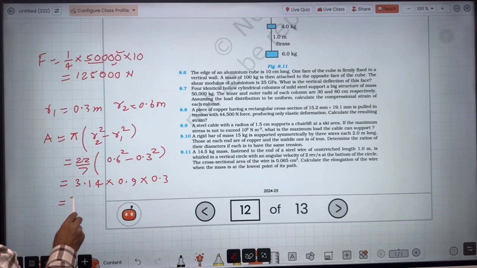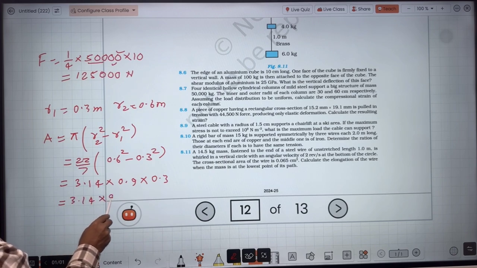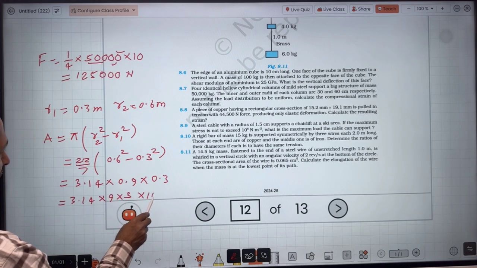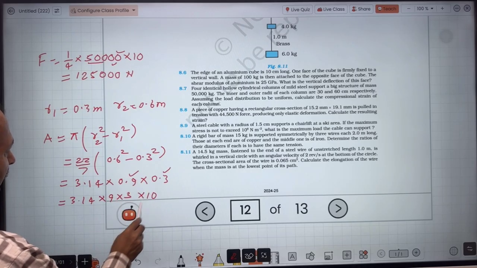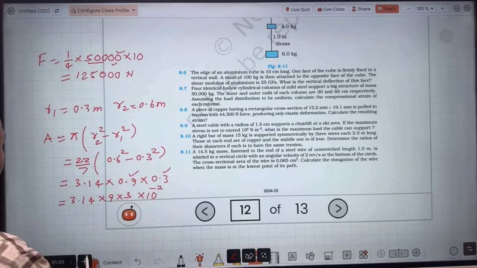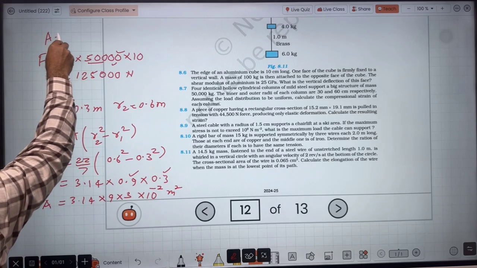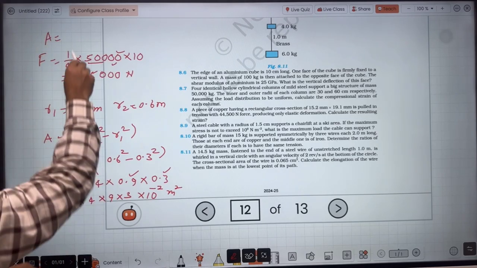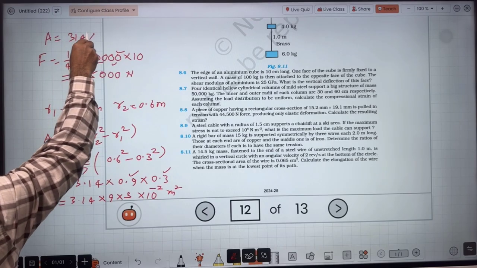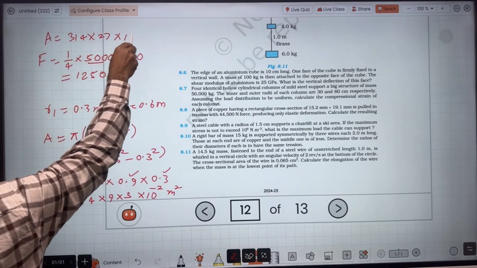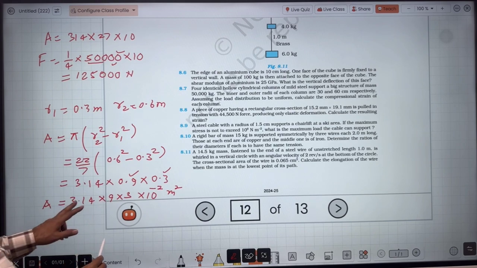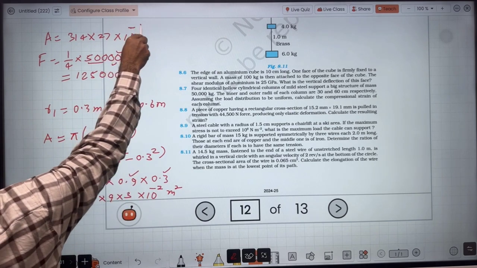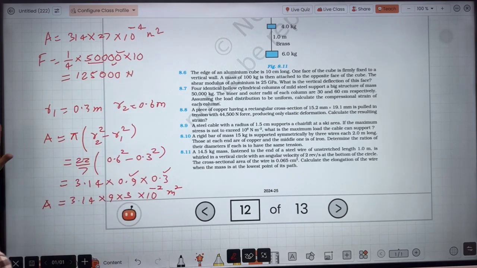So either you write 3.14 into 9 into 3 into 10 to the power minus 2 meter square. So this is area. You have got the value. So let's write this value here. Area equals, if you want to write this also in power, make it 314 into 27 into 10 to the power, here 2 more negative, so 10 power minus 4 meter square.